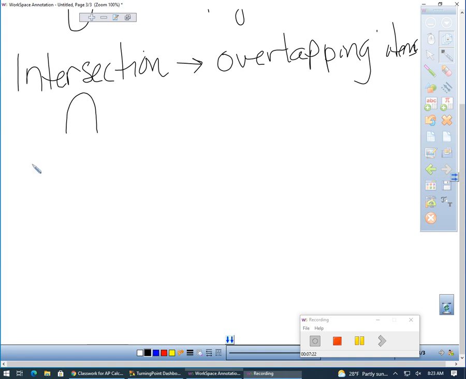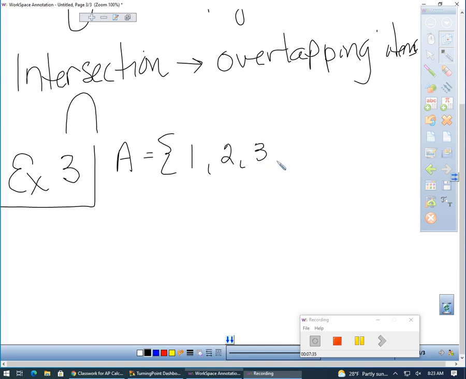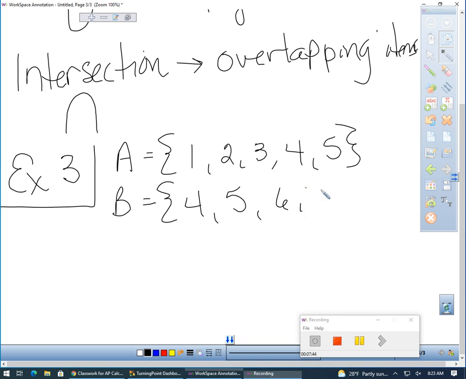So here is example number 3. If I tell you that A equals 1, 2, 3, 4, 5, and B equals 4, 5, 6, 7, 8, first thing I want to do is A union with B. So again, union means that I'm taking the 2 and putting them together.